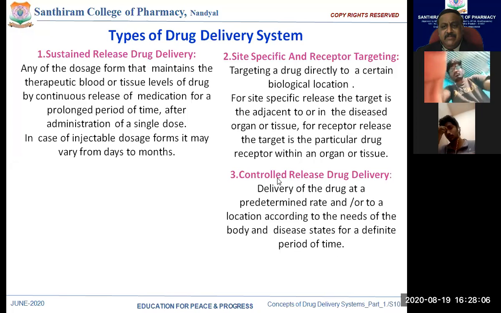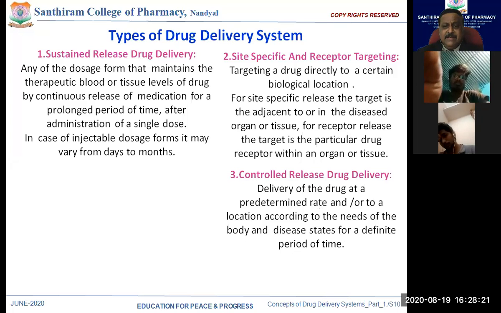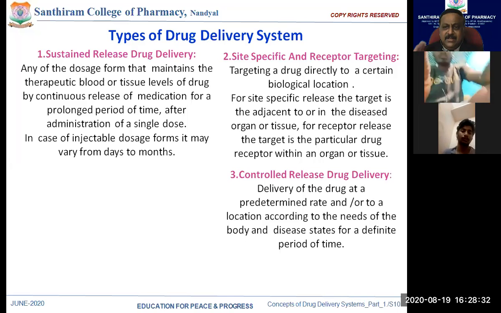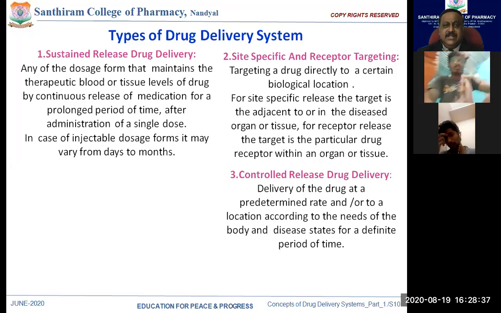Control means, what exactly are we doing? We are designing the release and controlling the release in such a way that it has a predetermined release rate. Predetermined release rate means, for example, after 30 minutes only so many milligrams of drug should be released from the dosage form.